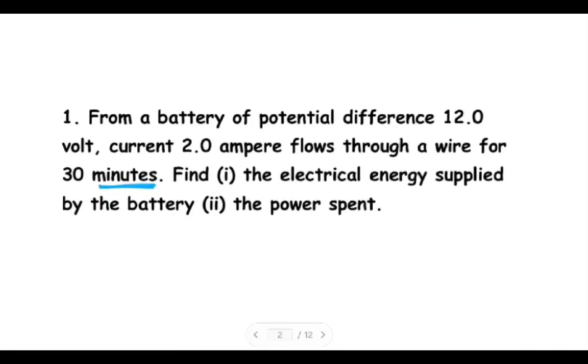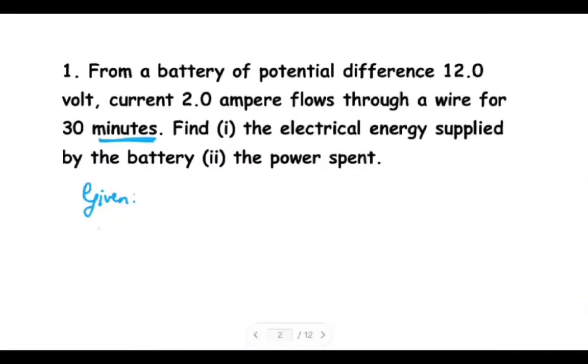Okay, so let's see what is given. Given is V, that is potential difference, which is 12.0 volt.